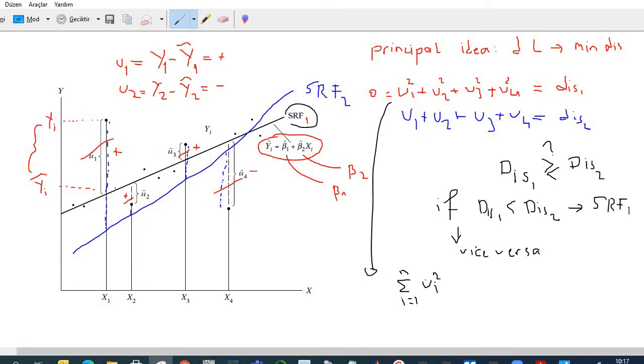So what is the determination of Ui? Ui is determined by beta 1 and beta 2. So for these beta 1 and beta 2, we are obtaining this one. For example, for this sample regression function, we will obtain a different set of beta 1 and beta 2.